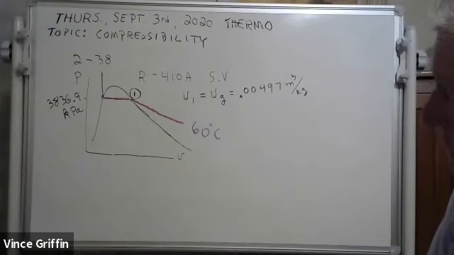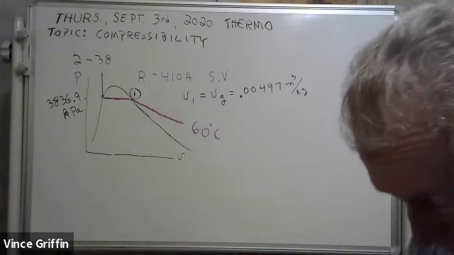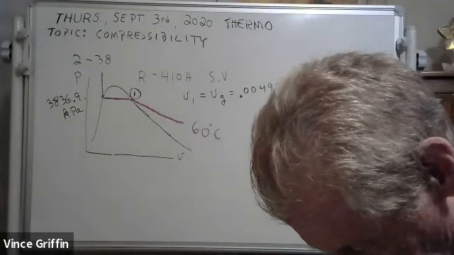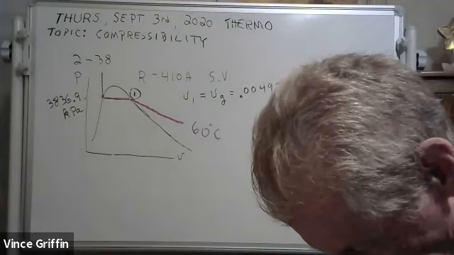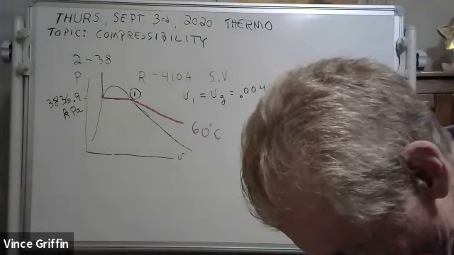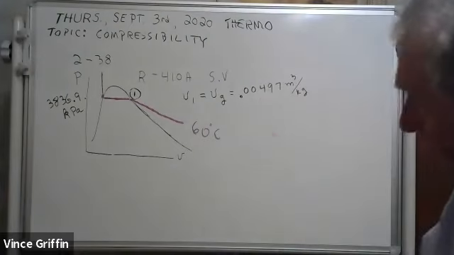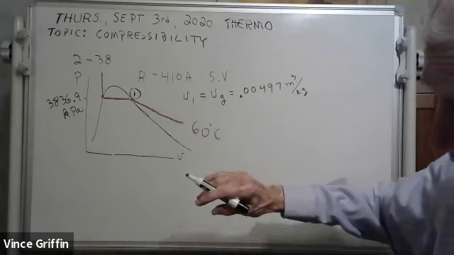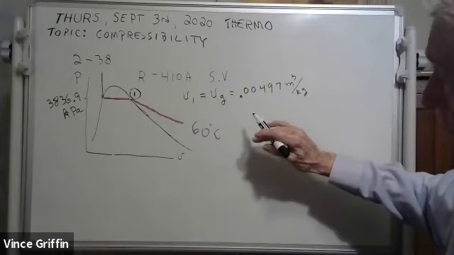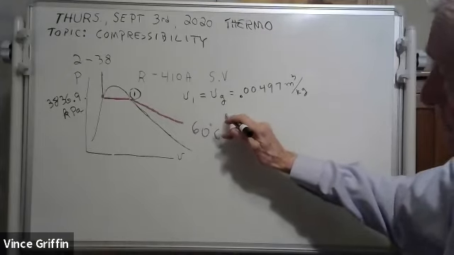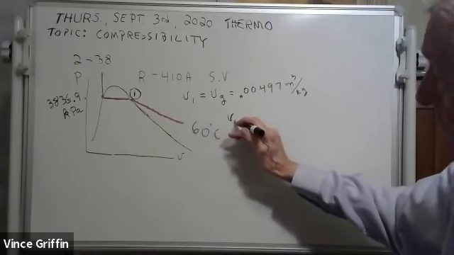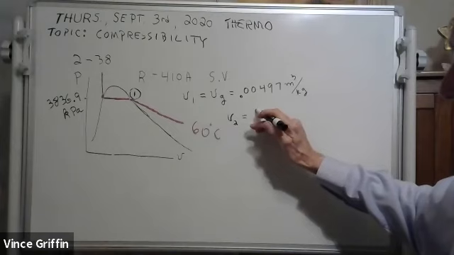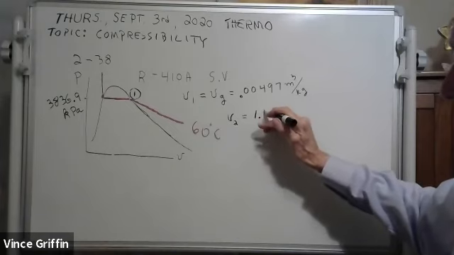We'll get there. Let's read and see what they want us to do. Oh, they're going to decrease the pressure to increase the volume by 10%. Okay, well, we're going to increase this by 10%. Now, one way to do that is just to multiply. If you want the volume at state 2, multiply your volume at state 1 by 1.1.